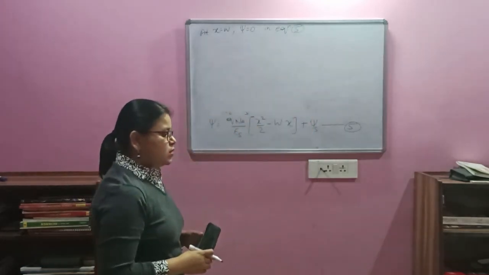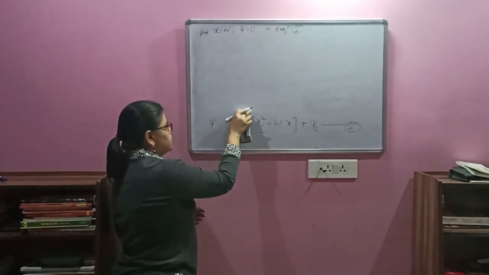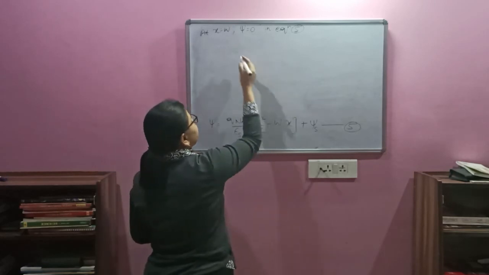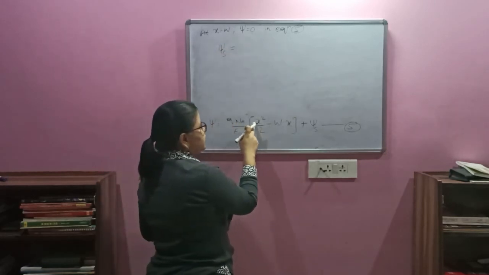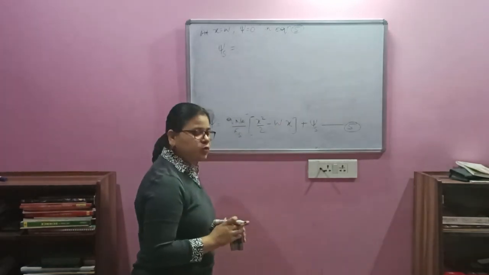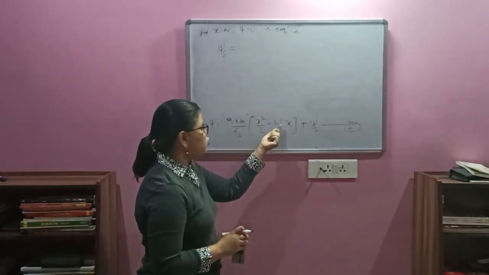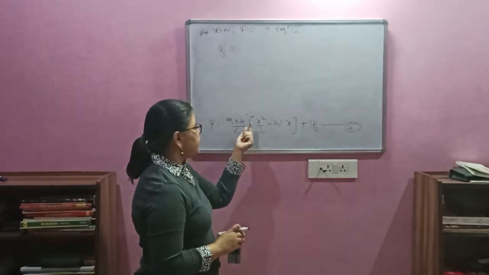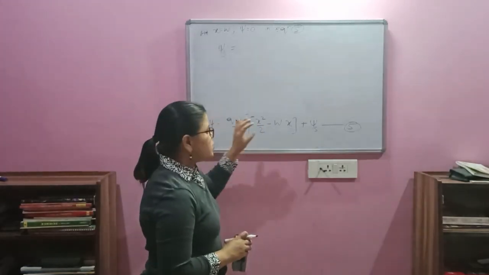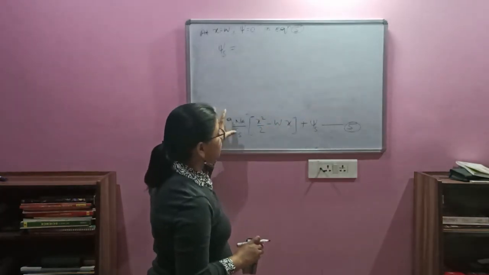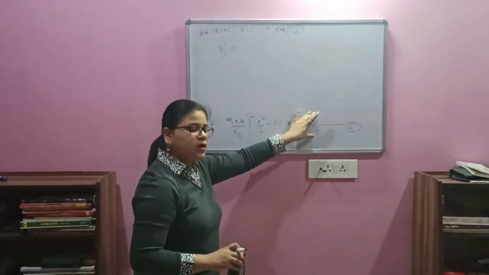So this will change as psi s equals, this will be 0. These x terms will be replaced by w. So this will be w square by 2 minus w square, so this will be minus w square by 2. And this psi will be 0. So I will be taking all the terms on one side and psi s on the other side.